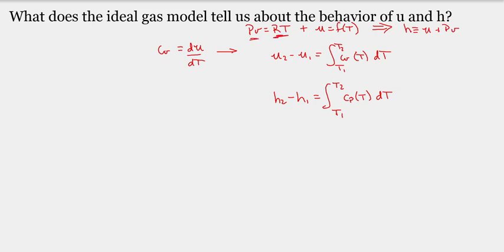We know that the product of the pressure times the specific volume is defined, in the ideal gas model, by the product of the specific gas constant and the temperature. If this is a function of temperature only, that's a constant. So this portion of the expression is a function of temperature only. And that means that the enthalpy for an ideal gas is a function of temperature only too.